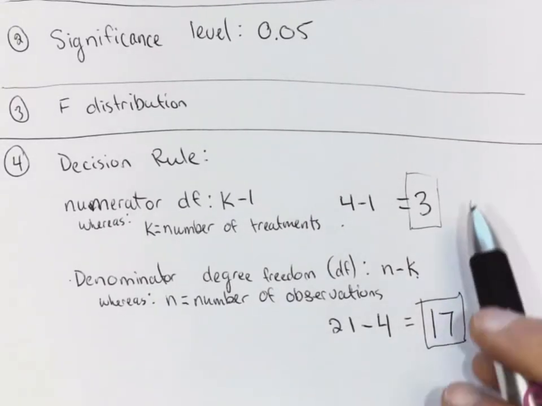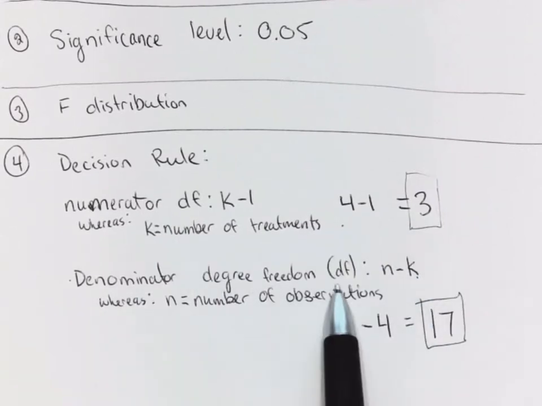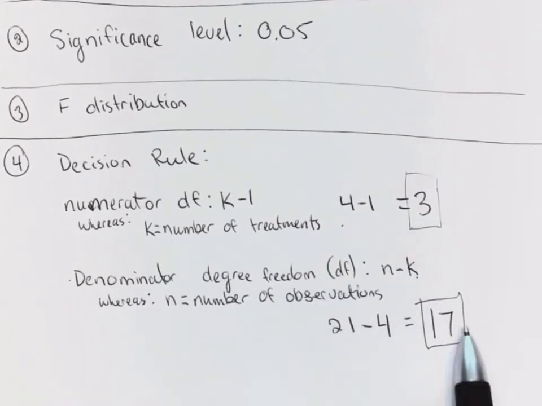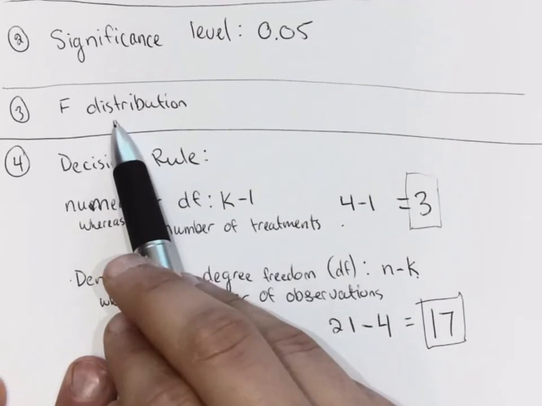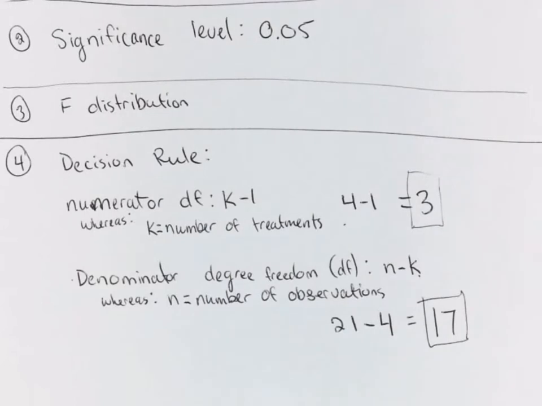So we've now set our degree of freedom on our numerator of 3 and a degree of freedom for our denominator of 17. We're using our F distribution table. We've set our significance level at 0.05. So now we need to go to the F table for 0.05.